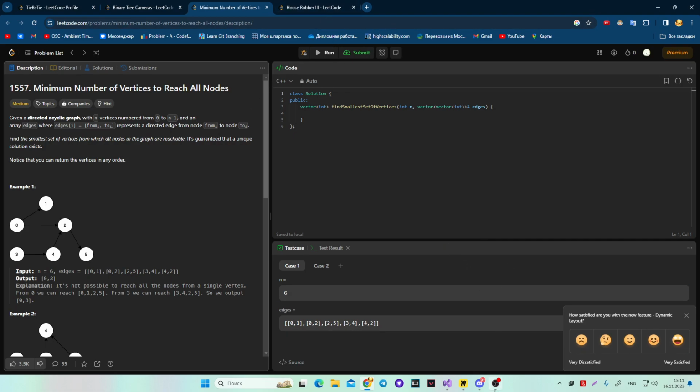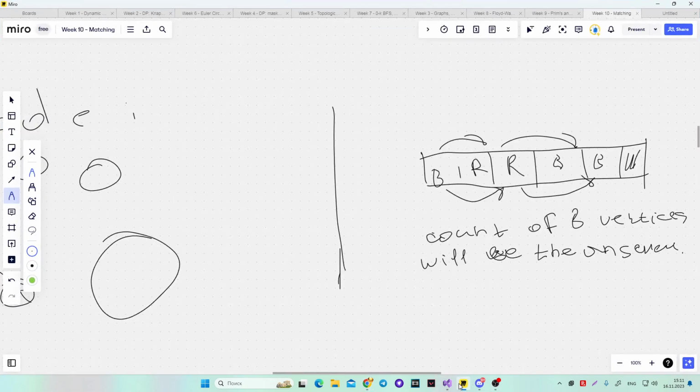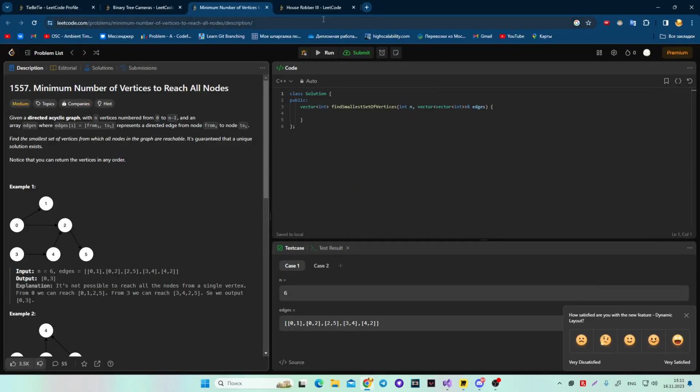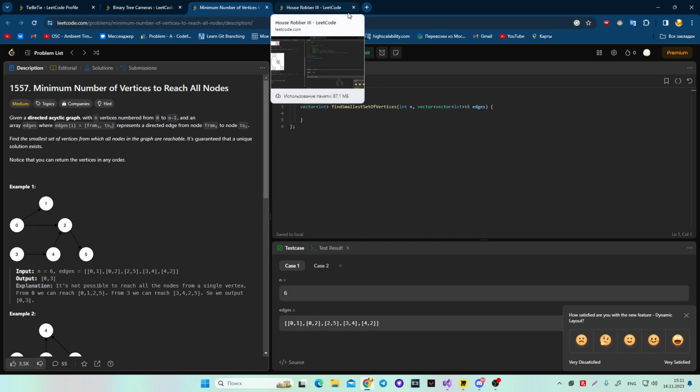I think you get the idea how to solve it if you want to find minimum vertex cover in a bipartite graph.